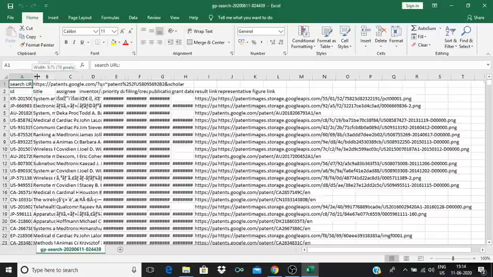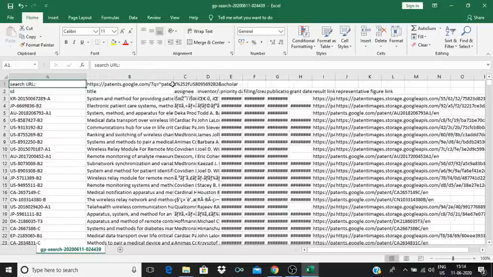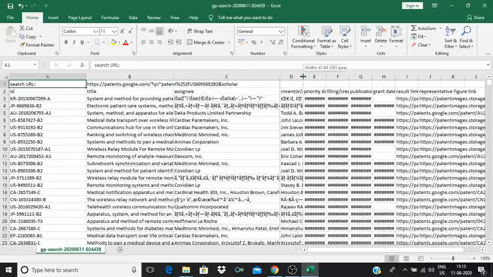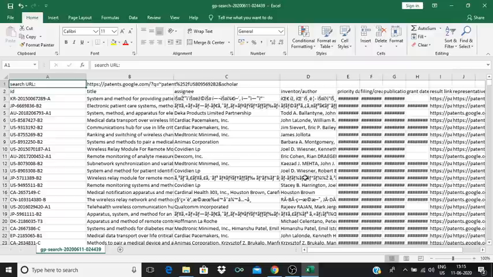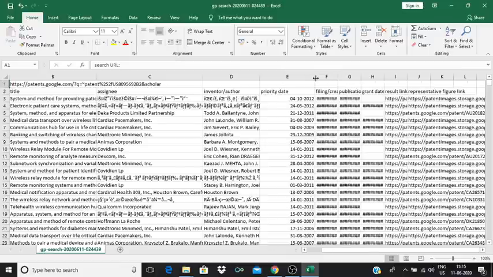It will contain the ID or the publication numbers of the patent. What is the title? What is the assignee? The names of the inventors? The priority dates? Suppose you file a provisional application, so the date on which you file the provisional application will be considered as the priority date.